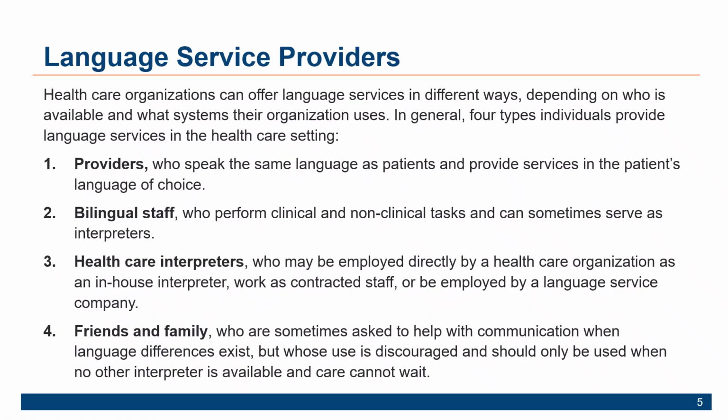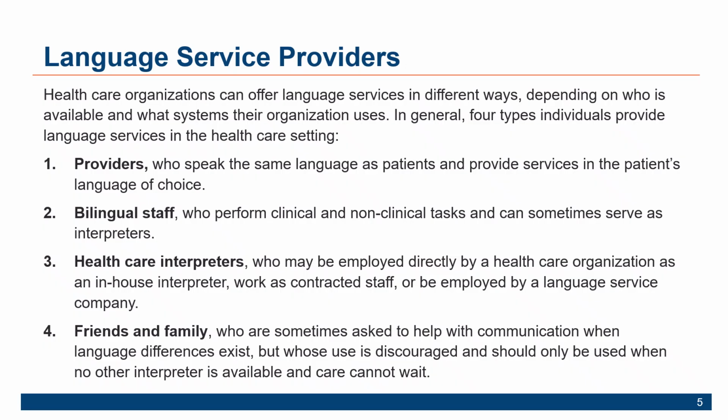Let's start by looking at the 4 main types of language service providers described in the workbook. Providers, who are clinicians who share the patient's language and can communicate directly without interpretation. Bilingual staff, employees who perform other duties but can interpret when appropriate.